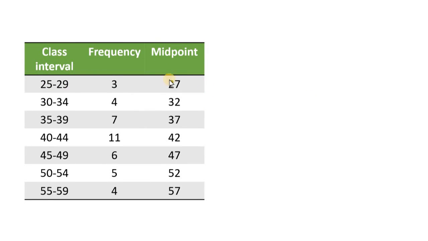If the table didn't give you the midpoint, you need to calculate it first. After that, you find the product of midpoint and frequency, that means midpoint multiplied with frequency.